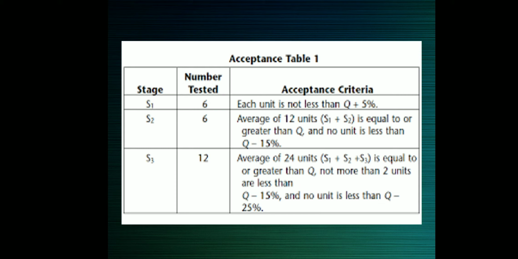If that is also not possible, we have to again go for S3, in which all 24 tablets should have an average drug release of 85% or more, and not more than 2 units are less than 70%, and not a single unit is less than 60% to pass the test.